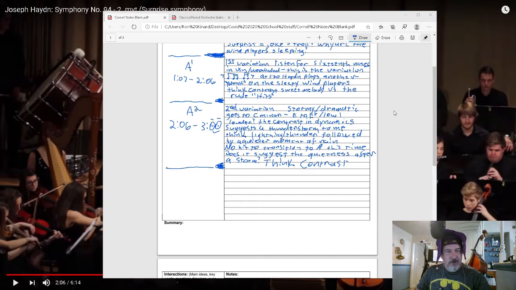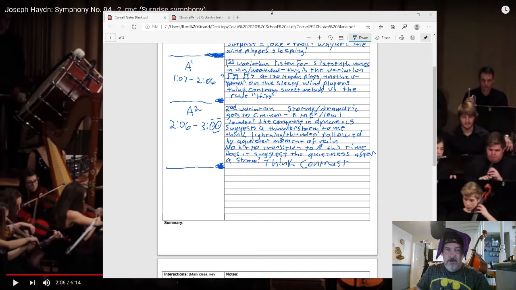The other thing we want to notice in this variation is that Haydn does not give us an orchestral hit to transition into the next variation. So I want you to pay attention to that transition. Without the orchestral hit, is this suggesting how at the end of a big storm, all of a sudden it gets weirdly quiet?